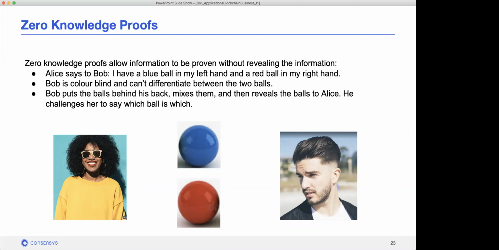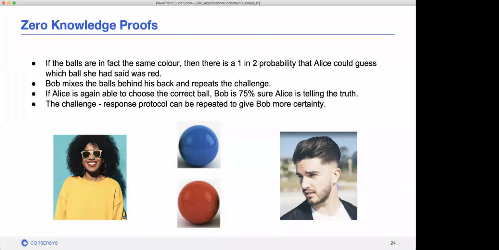And then he presents the balls to Alice. If Alice can correctly guess which ball is which, then it's 1 in 2, so it's a 50-50. But if Bob puts the balls behind his back and mixes them up again and represents them, it's 1 in 2 again. But if you combine those two challenge responses, it's actually 1 in 4 that she'll guess the right one, or 75% likely that she's actually telling the truth.